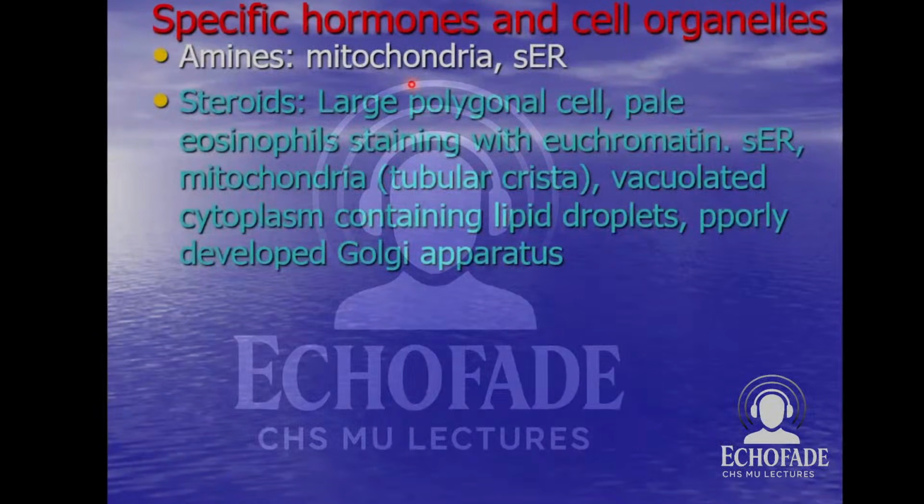Steroid hormones: the cells are normally very large, polygonal cells. They are eosinophilic, so they stain with acidic dyes, with very active chromatin within the nucleus.